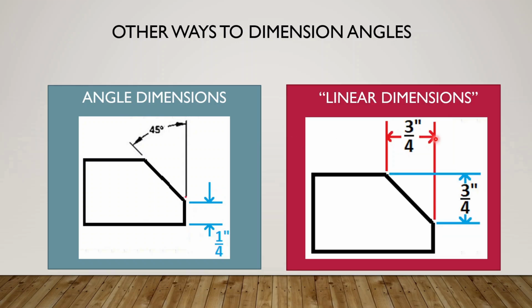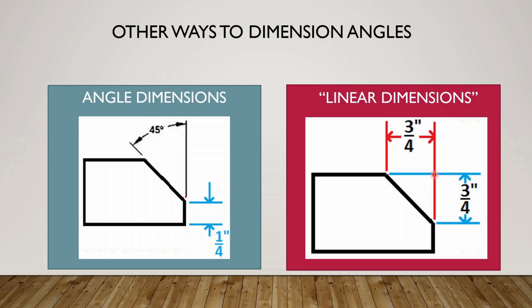Alternatively, you can use linear dimensions. So let's unpack what this actually means. You're telling the person that they're going to take a rectangular piece of wood, and then they're going to start by looking at the red dimensions. So from this corner here, they're going to move to the left 3/4 of an inch, and they're going to draw a dot.